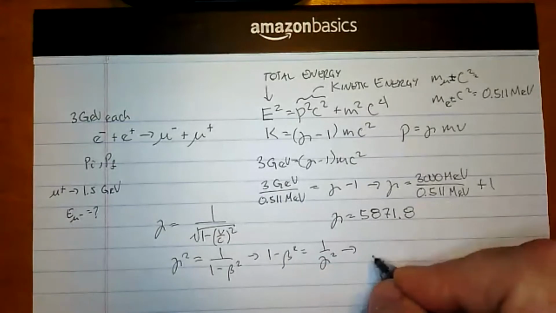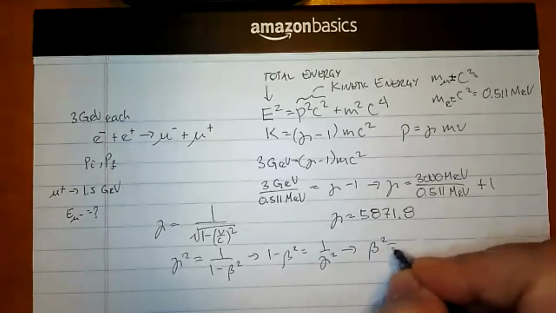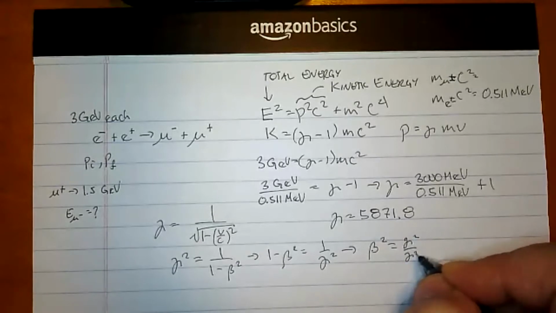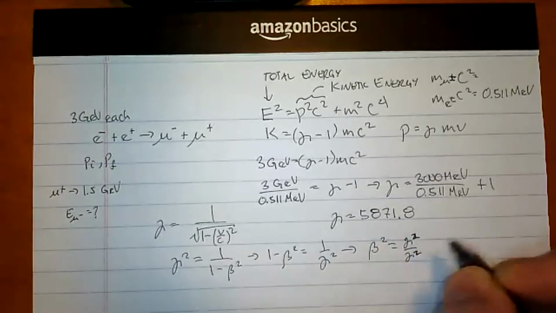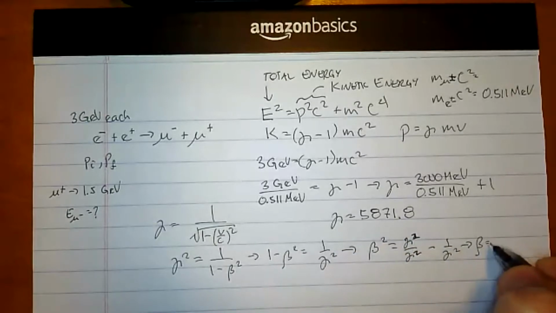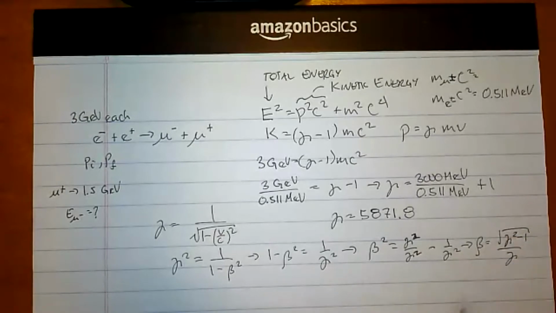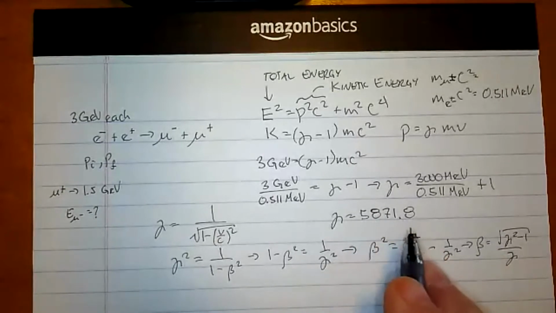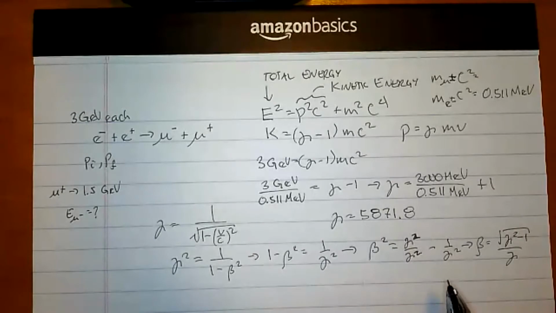And then beta squared is equal to gamma squared over gamma squared, in other words, I converted that 1 to have a common denominator, minus 1 over gamma squared. So beta is equal to the square root of gamma squared minus 1 over gamma. So now that you have that, you can compute the factor that's in front of the c when you talk about the velocity. So if you said 98.9% of the speed of light, 0.989 would be the beta. That's what pops out of that.